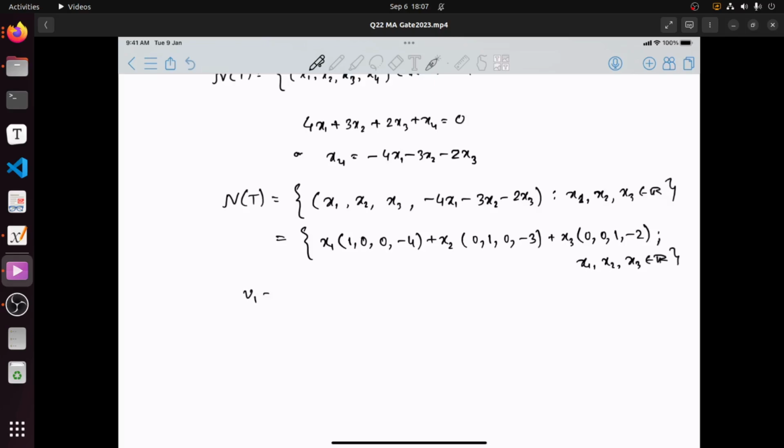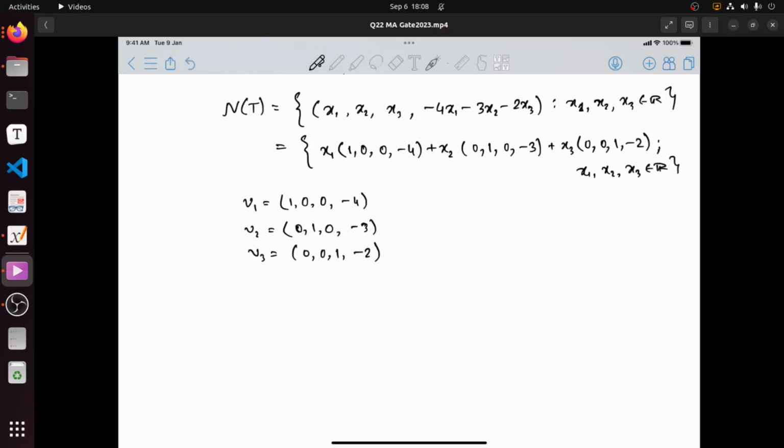Let me call these v1, v2, v3. So v1 is (1, 0, 0, minus 4), v2 is (0, 1, 0, minus 3), v3 is (0, 0, 1, minus 2). One can easily check that these three vectors are linearly independent, because in the first component only v1 is non-zero, in the second component only v2 is non-zero, and in the third component only v3 is 1.